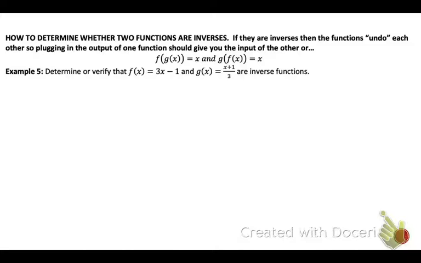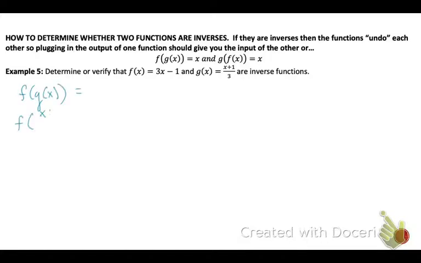So if we have two functions like in example 5, f of x equals 3x minus 1 and g of x equals (x plus 1) over 3, we can determine whether they are inverses by composing them like above. So first let's start with f of g of x and see if it equals x.